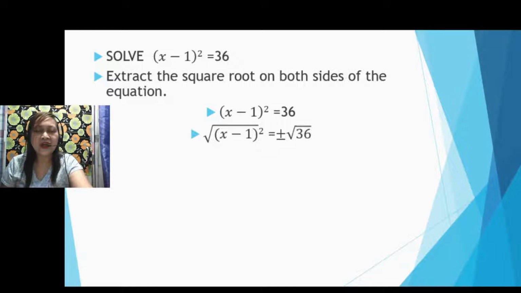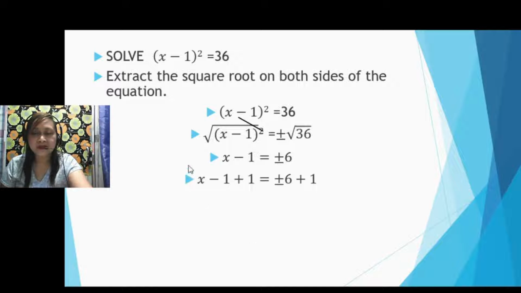So the square root of the quantity of x minus 1 raised to 2 is equal to positive and negative square root of 36. Cancel the square root sign and exponent. So the remaining term is x minus 1 is equal to positive and negative 6, because the square root of 36 is 6. So what are we going to do next? Of course, we will apply the addition property. We will get the opposite of negative 1 and add to both sides of the equation.